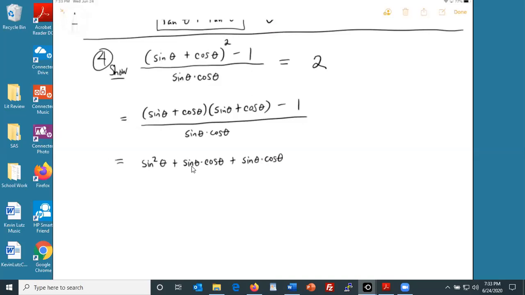This way it has the same form as this term here. Sine cosine, sine cosine. The last terms, cosine times cosine is cosine squared theta, minus 1, over sine times cosine again.